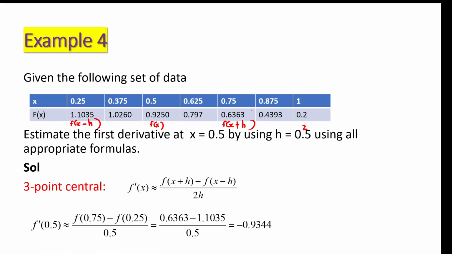Then plug in f(x+h) is 0.6363, f(x-h) is 1.1035, divided by 2 times 0.25, which is 0.5. Then you get negative 0.9344. Is it correct?